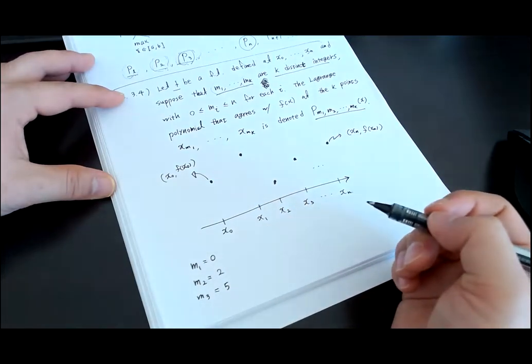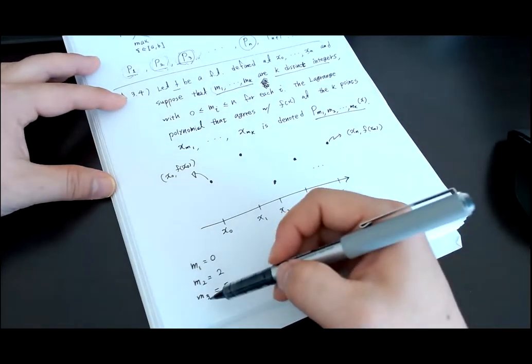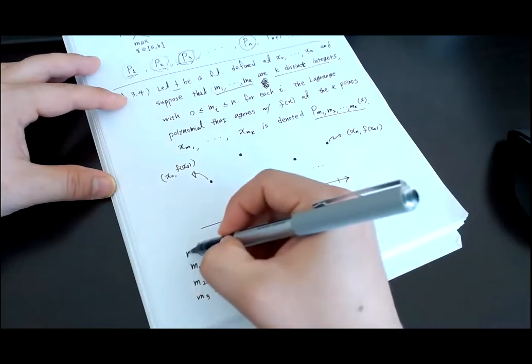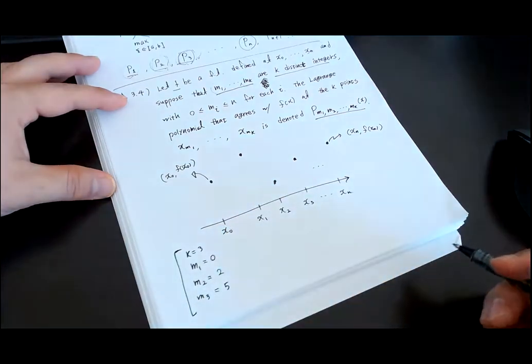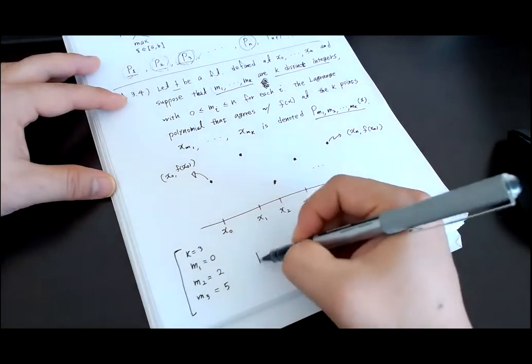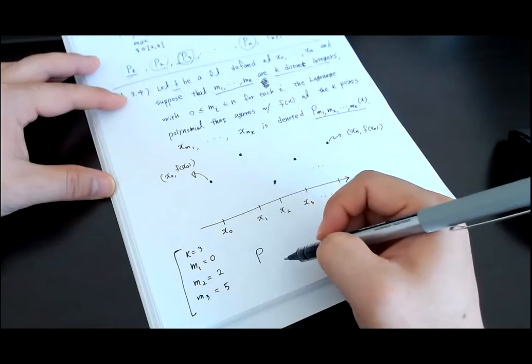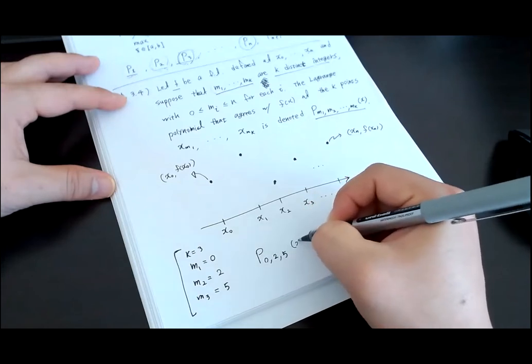So let's think about m1 through m3. So k is 3, okay? So right here, k is 3. All right. Then P sub m1, m2, m3 is going to be P0,2,5 of x.